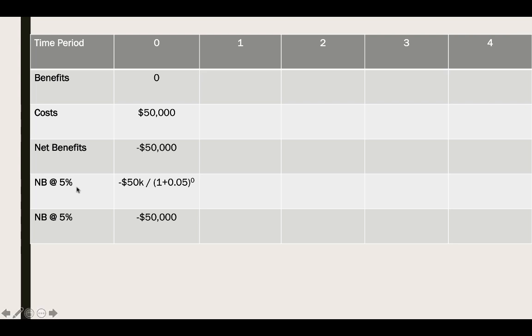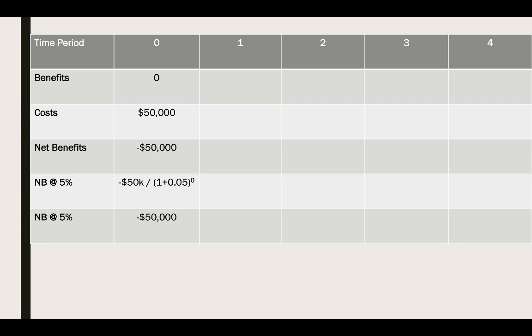And then we are discounting right here. So I have my dollar amount on the numerator, and in the denominator I've got my 1 plus my discount rate, or my interest rate, which is 5% in this case, and that is raised to the power of the time period. And in this case, the time period is 0.